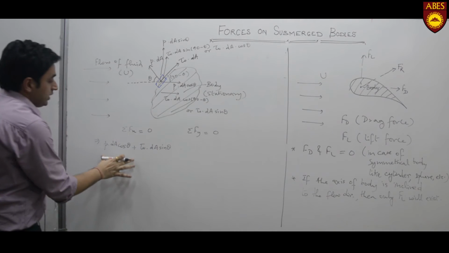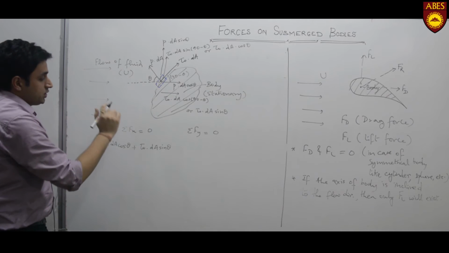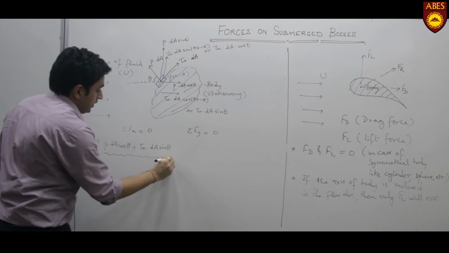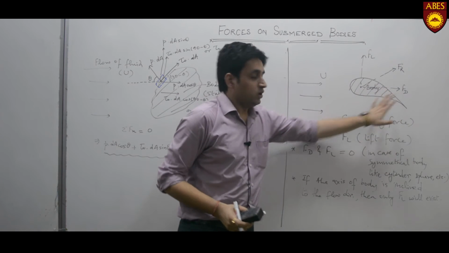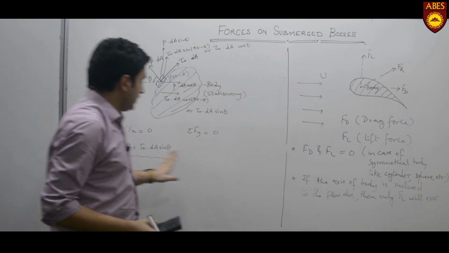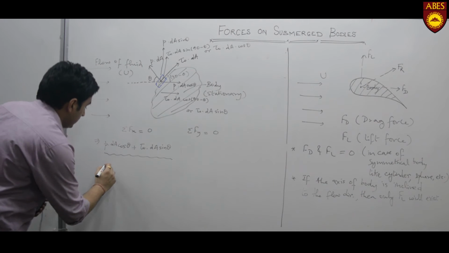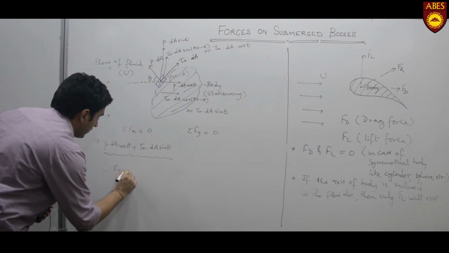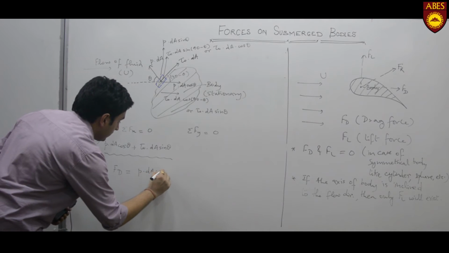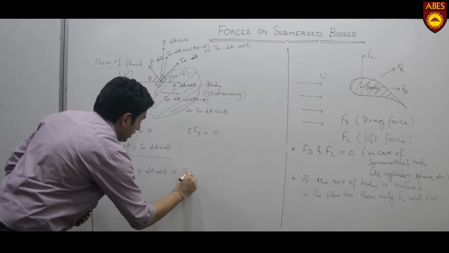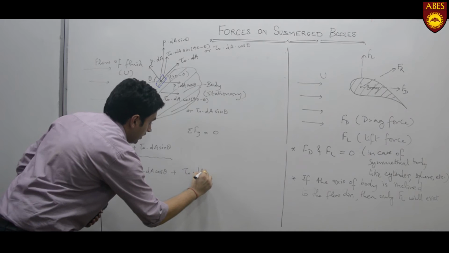The force in the x direction is called the drag force. Therefore F_D will be equal to P dA cos theta plus tau naught dA sin theta.